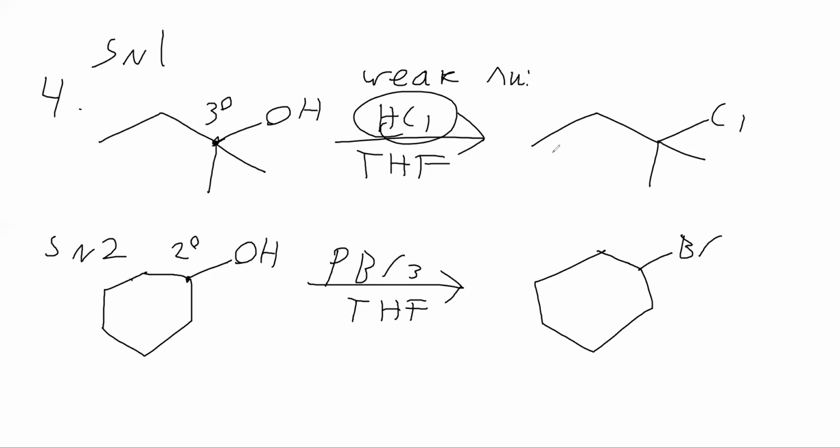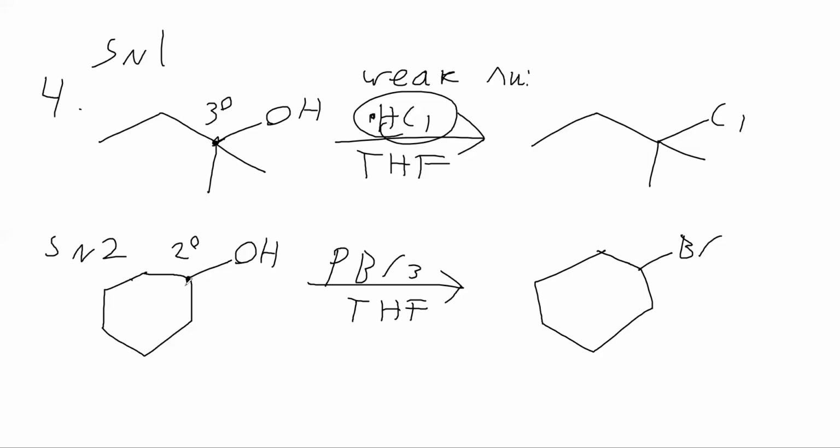I have to look it up, but I can show you guys if you want to see the mechanism. The PBr3 basically transforms the alcohol into a better leaving group, just like the proton here would transform it into a better leaving group. And then a negative bromine attacks from the back, so it's an SN2 mechanism.